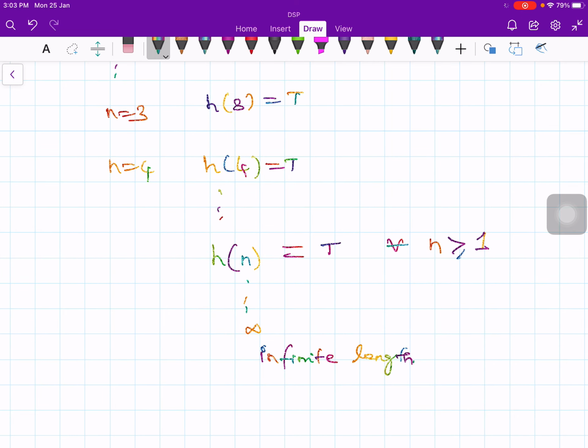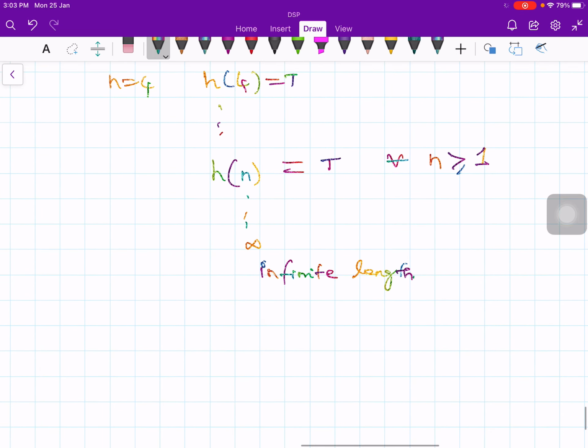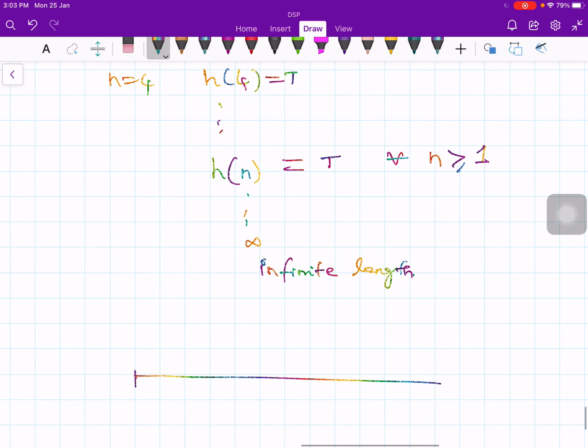And the impulse response, if I draw it here, at 0 the height is T by 2, at 1 it is T, at 2 it is T, at 3 it is T, and it keeps going up to infinity like this.